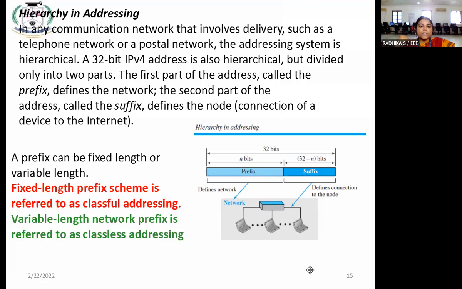You will write the person name. Then you will write the door number and street name. Then you will write the corresponding area, then the district.